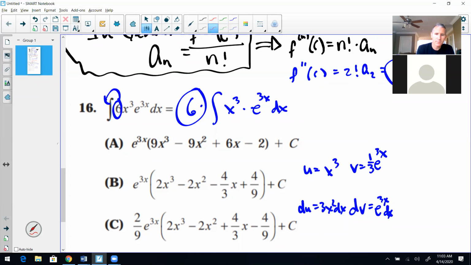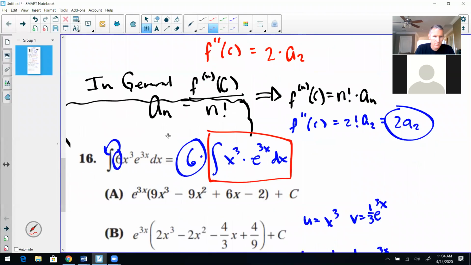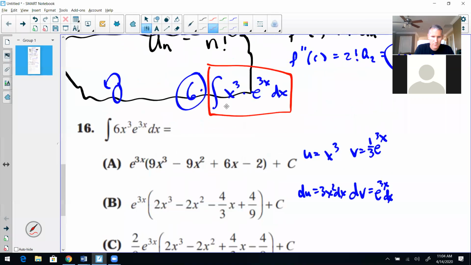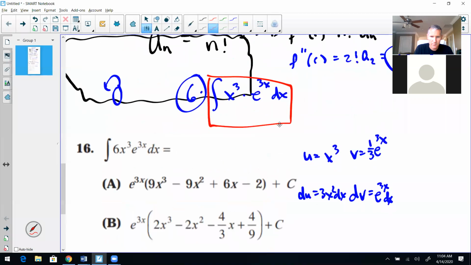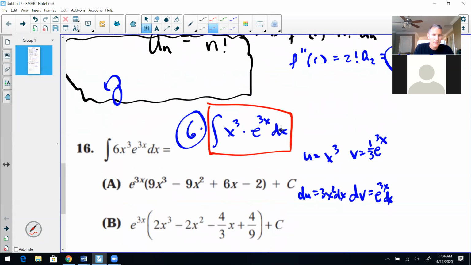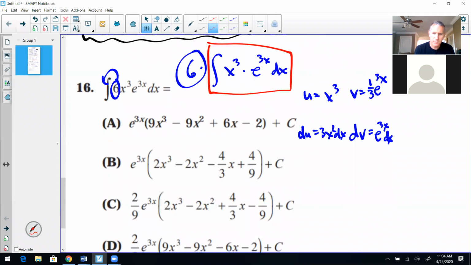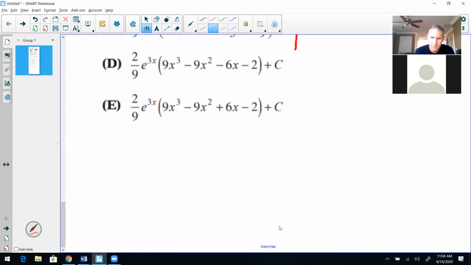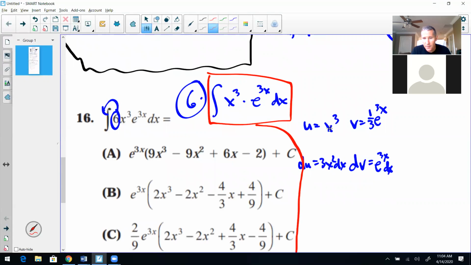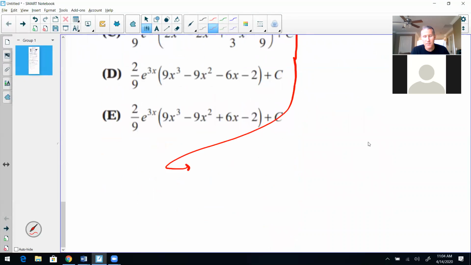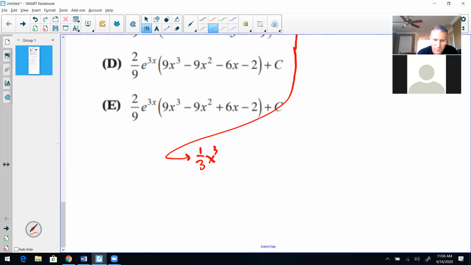So that integral right there is equal to uv, which is x cubed times 1/3 e to the 3x, so 1/3 x cubed e to the 3x, minus the integral of v du.